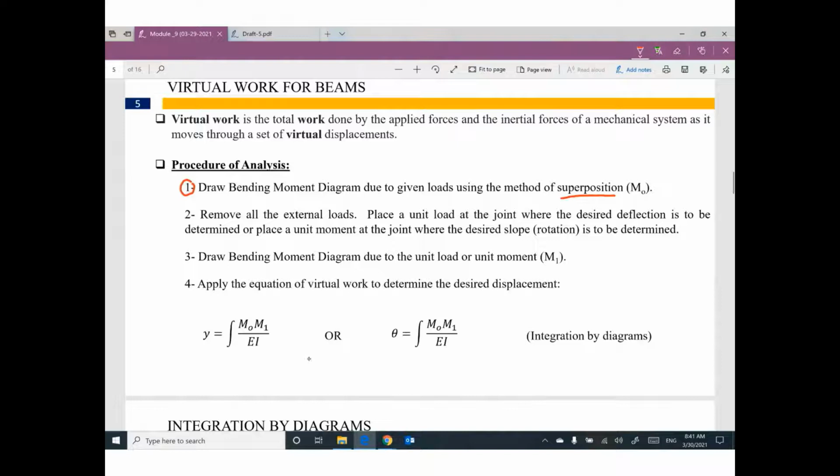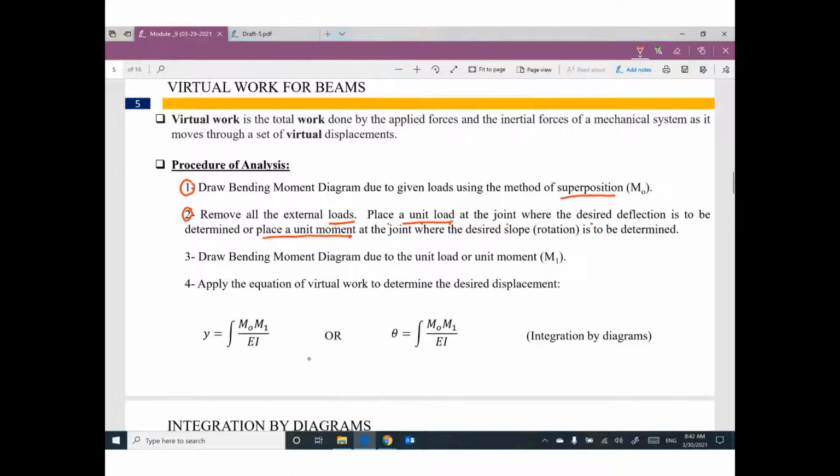Second step, please keep in your mind: remove all loads and place a unit load at the point or joint where the desired deflection is to be determined, or place a unit moment. So the first one, place a unit load; the second one, place a unit moment.